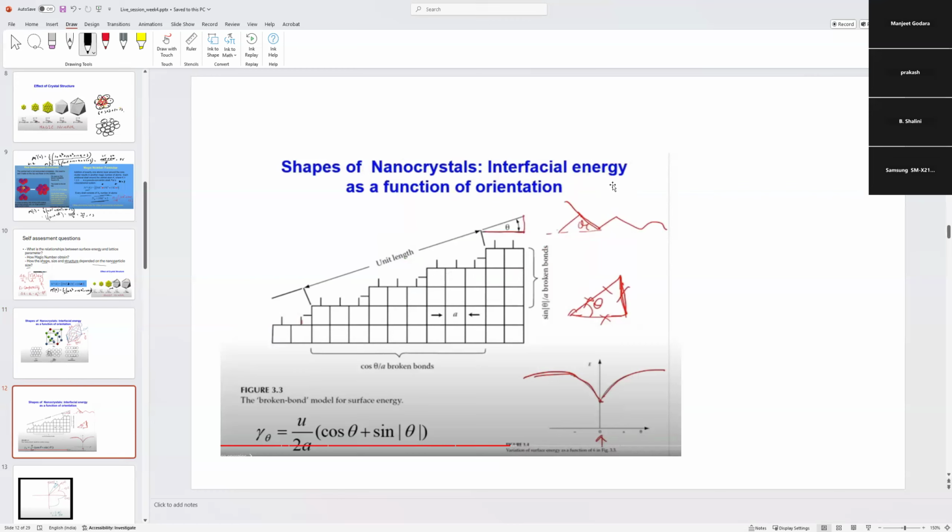How the interfacial energy changes as a function of orientation. Again, if you're cutting the plane, the atoms across a random direction, which is at angle theta, you're breaking bonds.